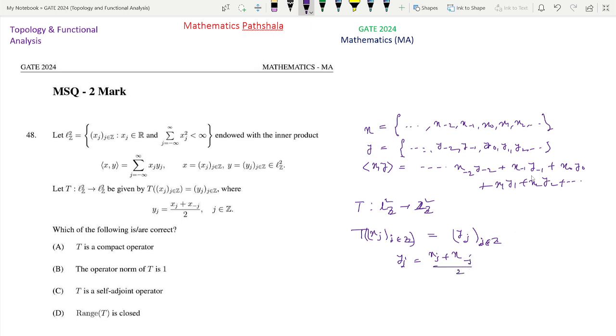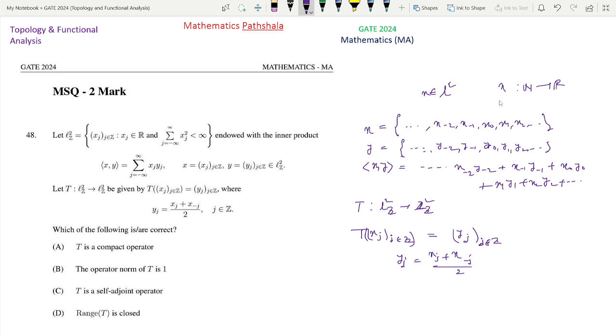So actually, if we consider the space simply ℓ², the sequence space, such that the summation of mod xn square is less than infinity, then if we take one element x belongs to ℓ², x is a sequence, that means x is a function from N to R, satisfying that summation xi square less than infinity.